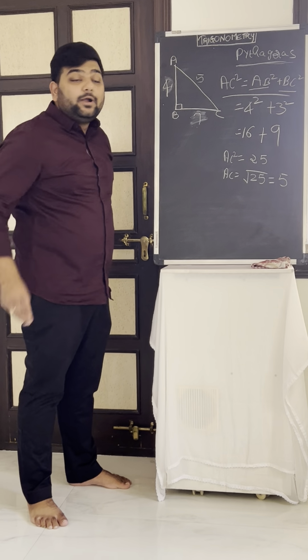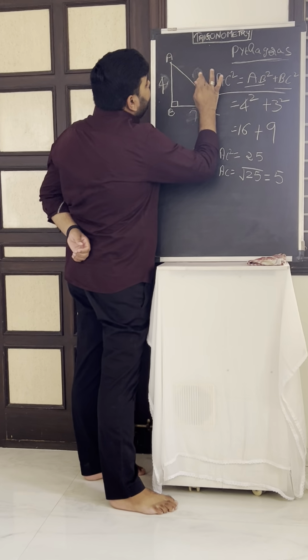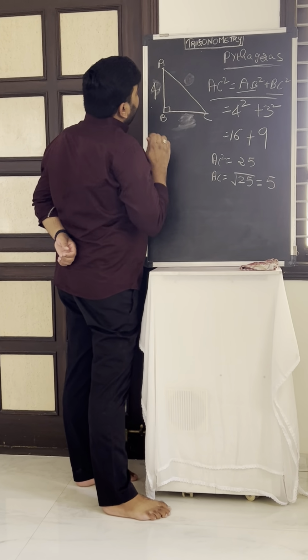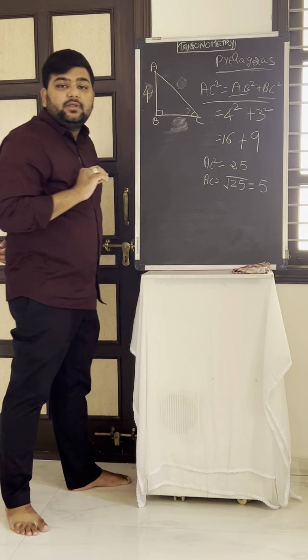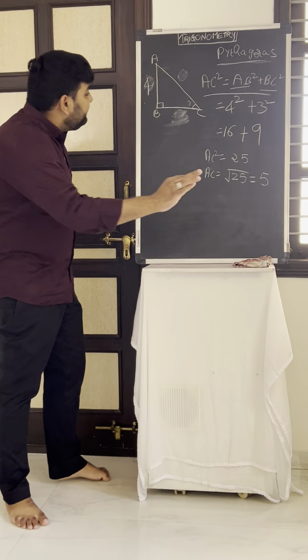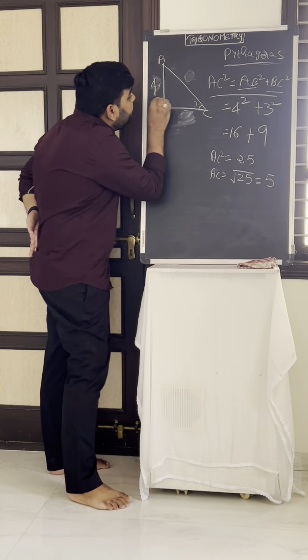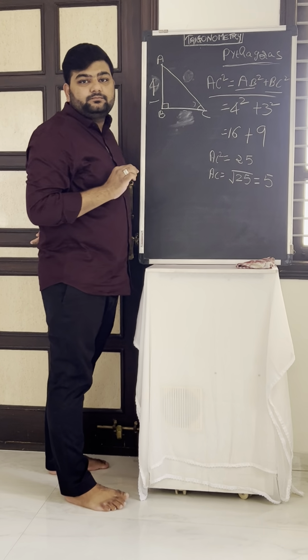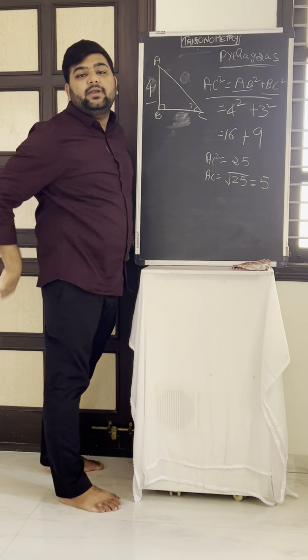But what if I say I have the value of any one side and I have the value of any one angle? Can I find the value of the other two sides with the help of the value of one side and an angle? Yes, we can find it. That is nothing but trigonometry.